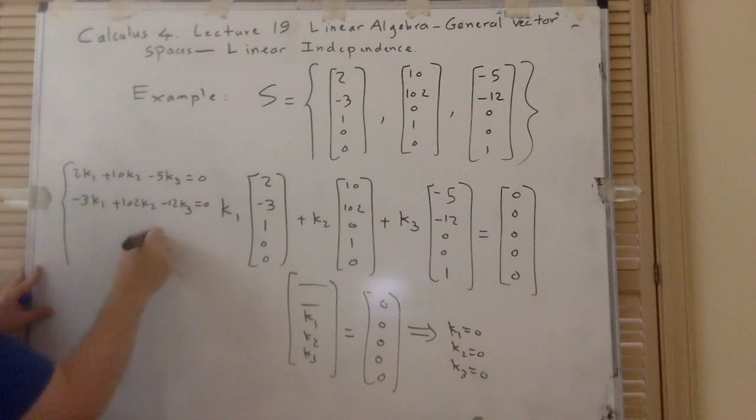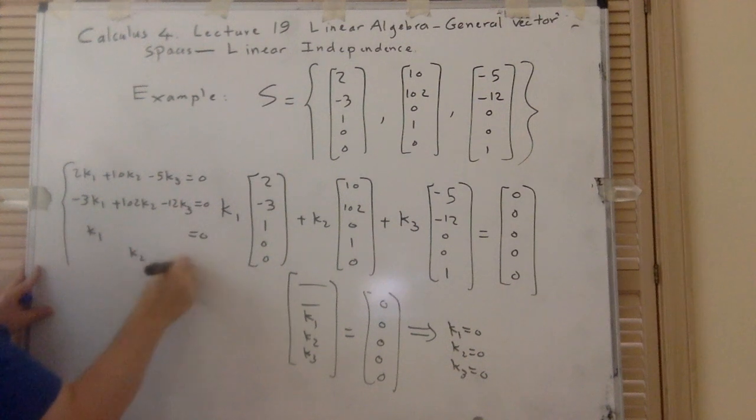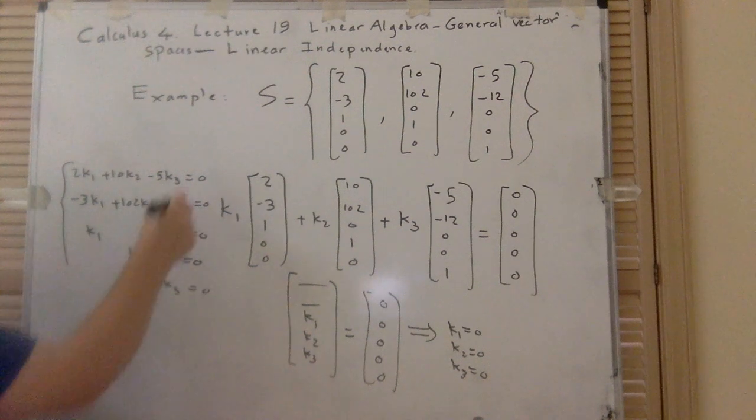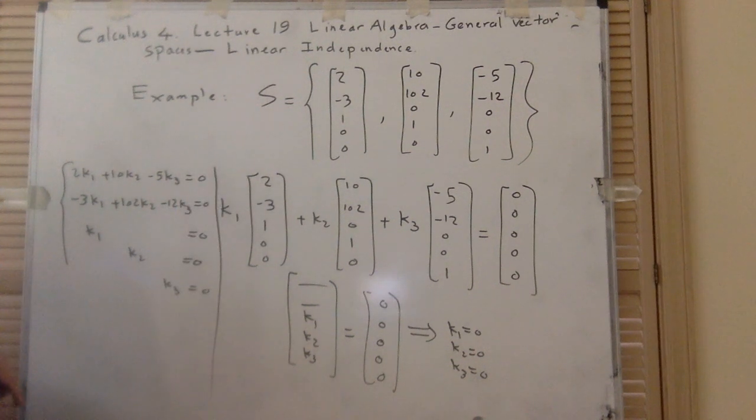And then the third one is K1 is 0. The other one is K2 is 0. Then K3 is 0, right? This is a consistent system with only the 0 solution because of these three. You just put 0, 0, 0, and you get 0.